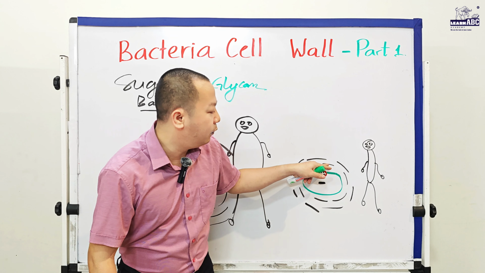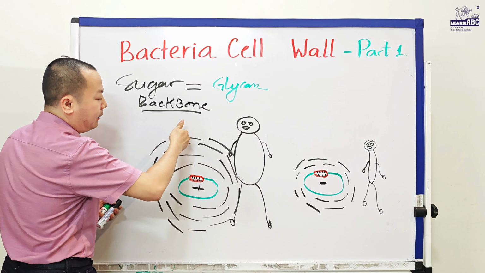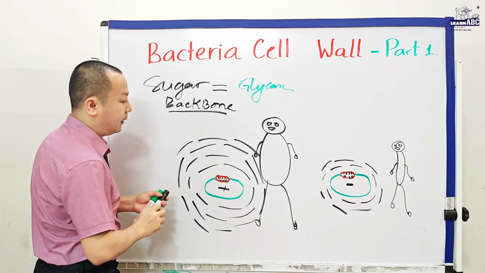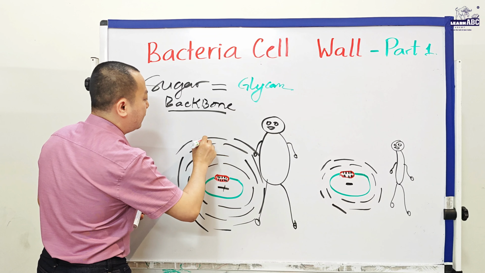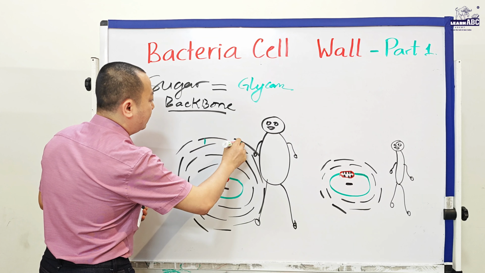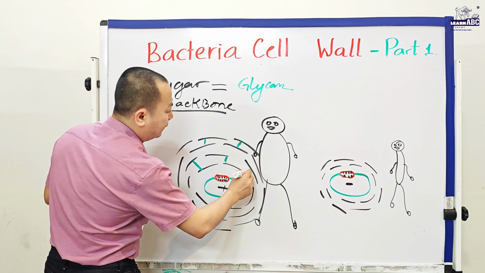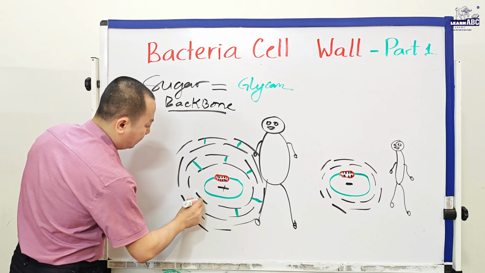Few glycan backbones here. And then in between these glycan backbones, there is a second component, which we call the peptide chain. So it means these glycan backbones link together by the peptide chain.